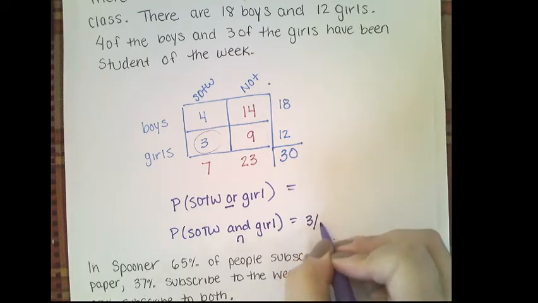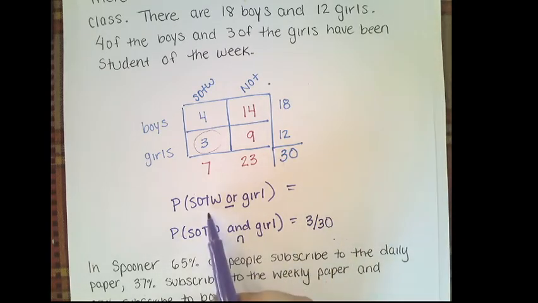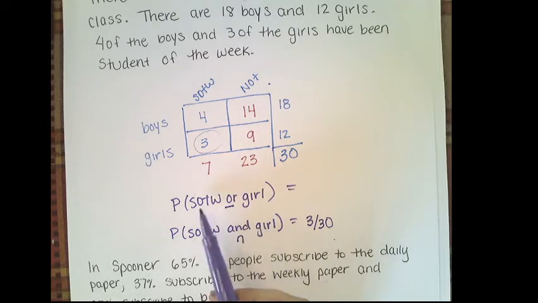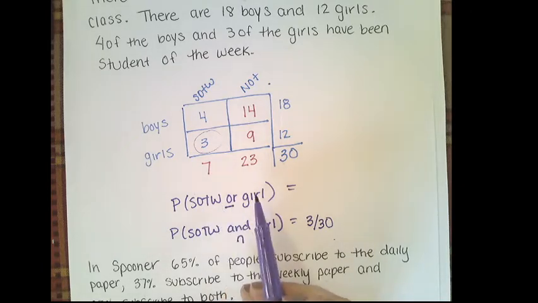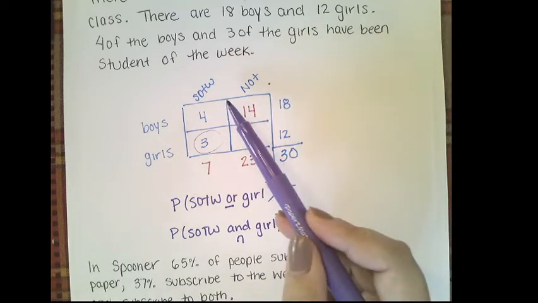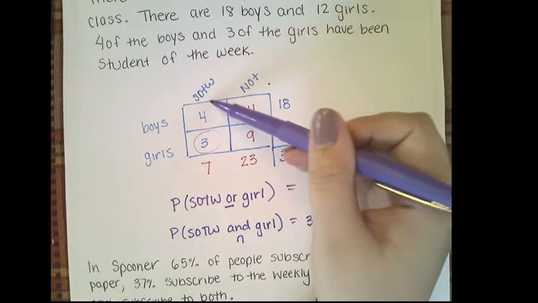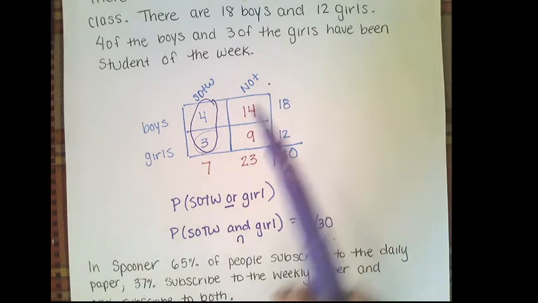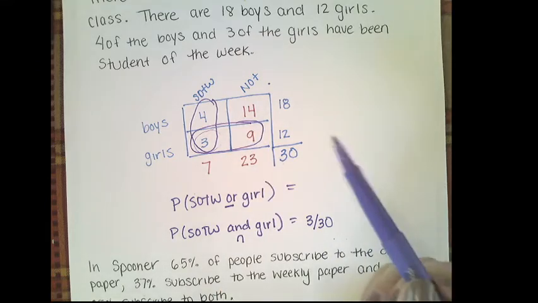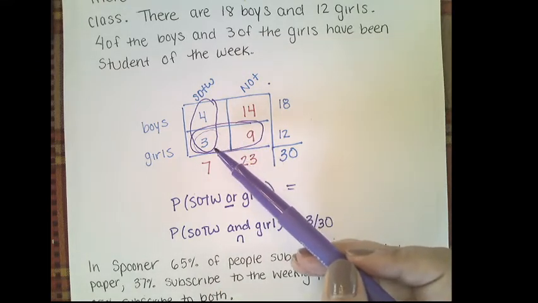That's at our 3. Student of the Week or girl, I don't care what gender the Student of the Week is or whether they have been. So I'm going to count all the Student of the Weeks, which are these two, and all the girls, which are these two. And if you look carefully, we double counted these 3 girl Student of the Week winners.